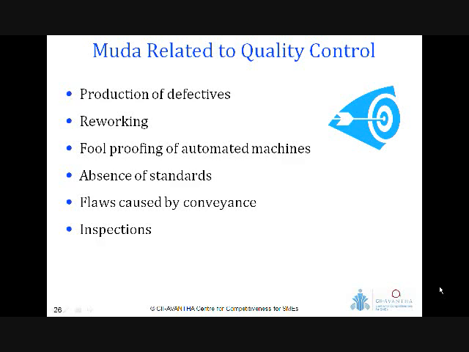The more you handle the product, the more the chances are of generating defects such as dent, scratch, all types of appearance defect. Reducing the time for inspection, that is also one scope area for Kaizen.